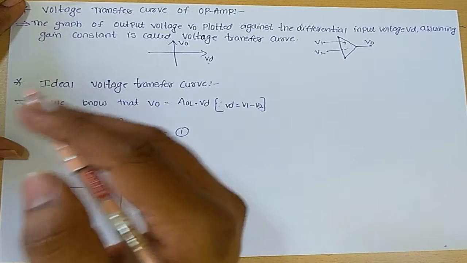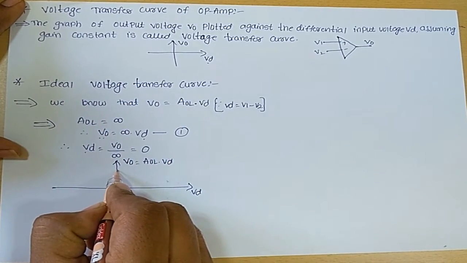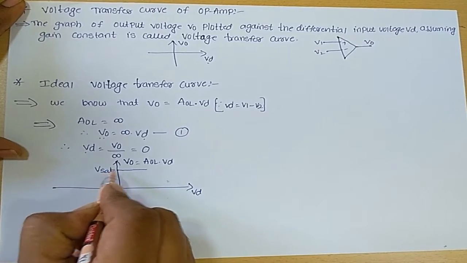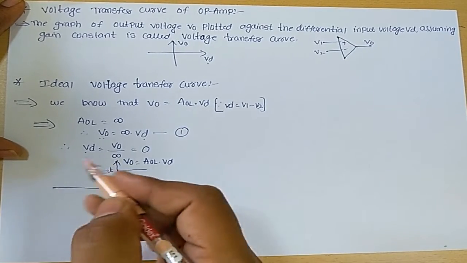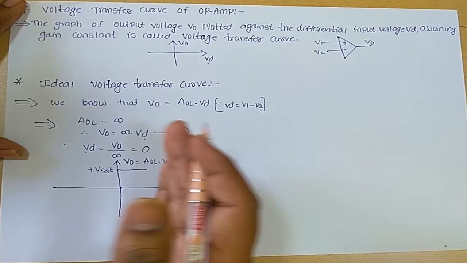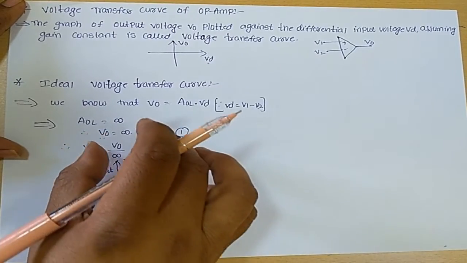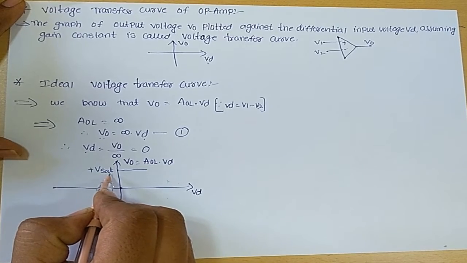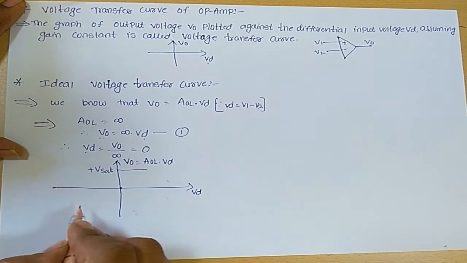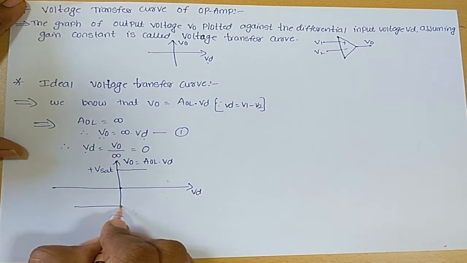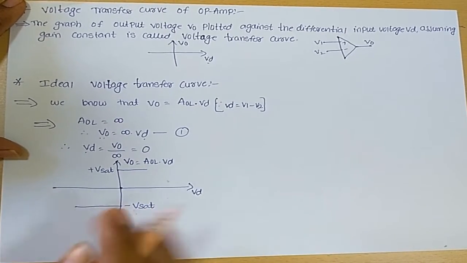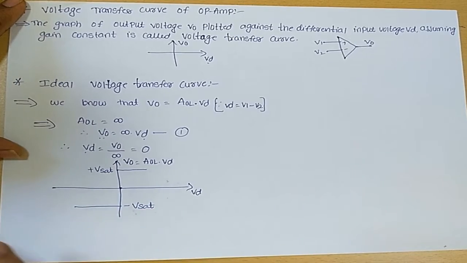Practically, infinity does not exist, so we consider the maximum voltage. That maximum voltage we consider as the saturation voltage, V saturation. Clear? You can substitute any differential voltage also, and the output is constant. That constant voltage we consider as the saturation voltage. Similarly, on the negative side also, we get a constant output voltage, which we consider as the negative saturation voltage.